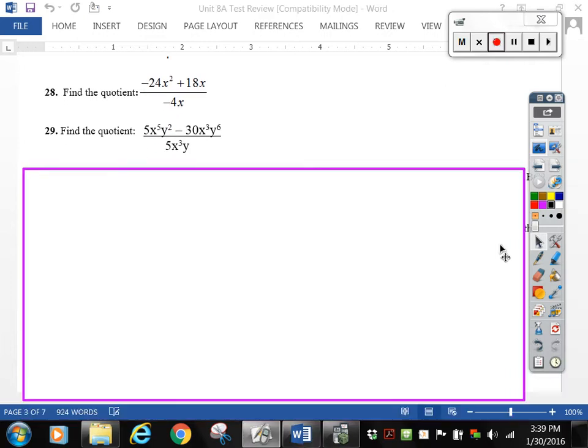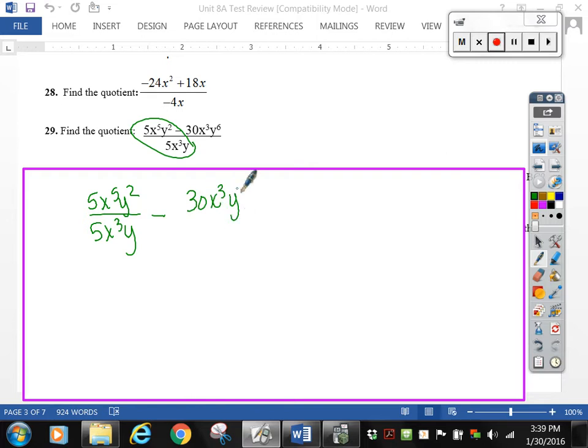Okay, now we're going to do one even more complicated, but I have complete confidence in you. Okay, so here I have 5x to the 5th y squared over 5x cubed y. Here I have minus 30x cubed y to the 6th over 5x cubed y. Okay, so my 5's cancel out.